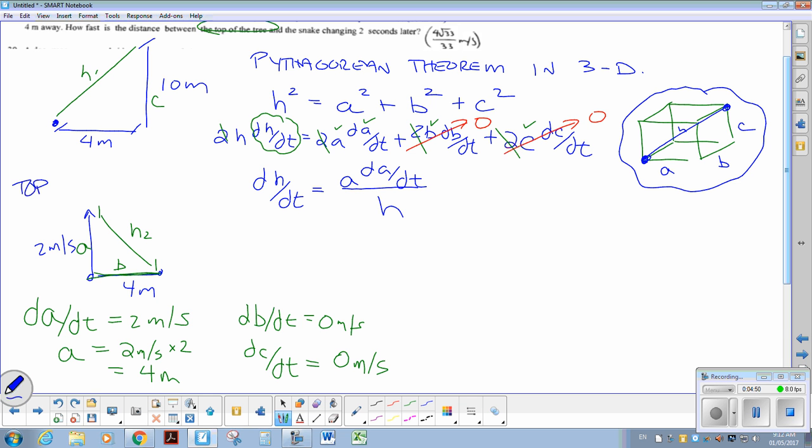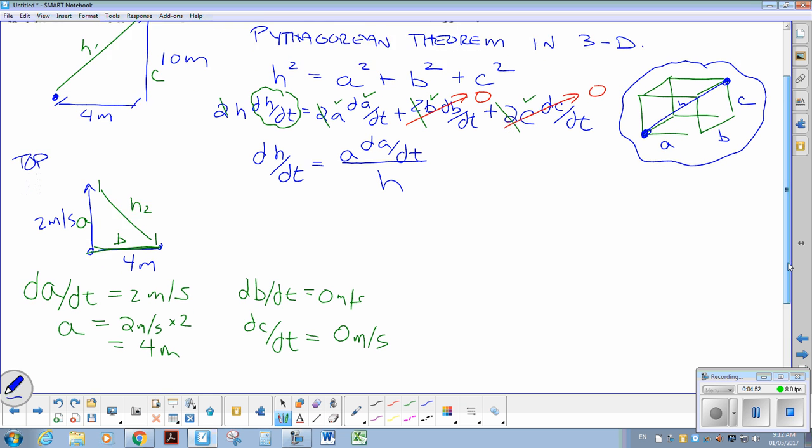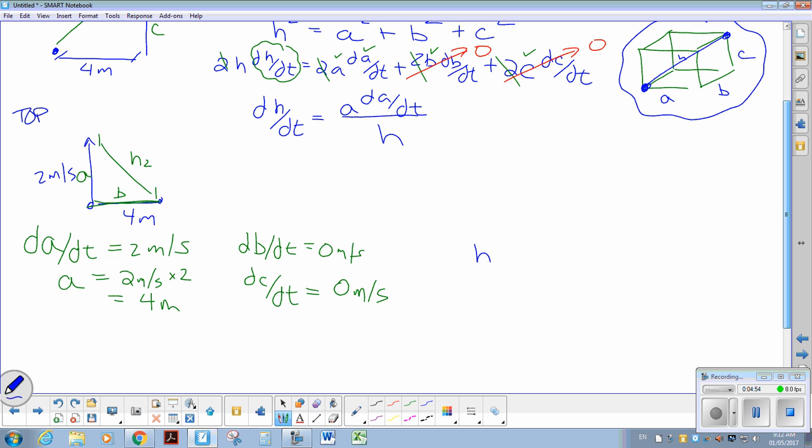So we do have to find h. I'm kind of making a mess here. My h at that point in time would be h squared equals a squared plus b squared plus c squared. We said the snake is 4 meters away, didn't change his distance from the tree, and the tree didn't grow.